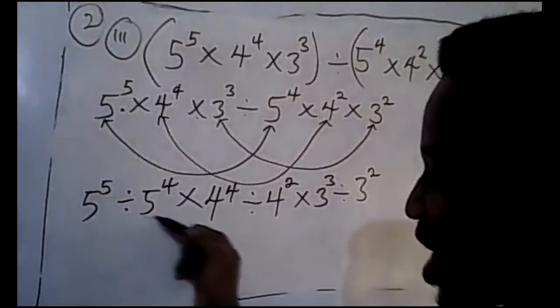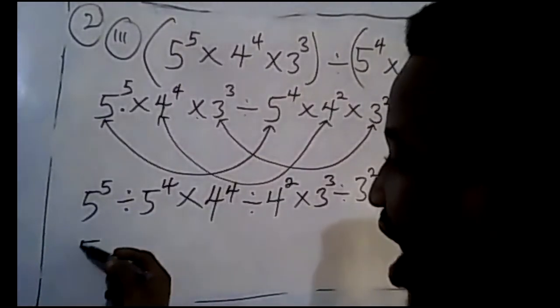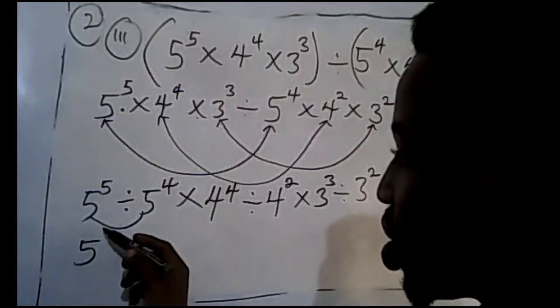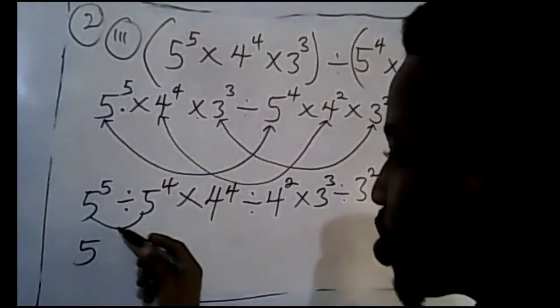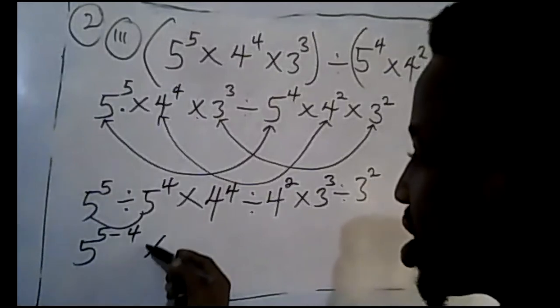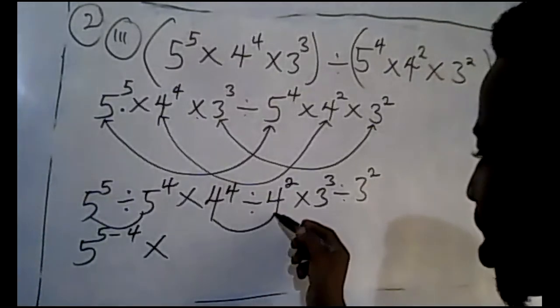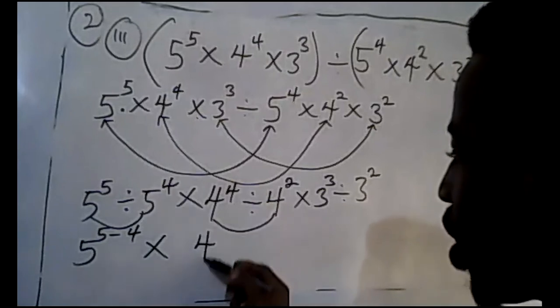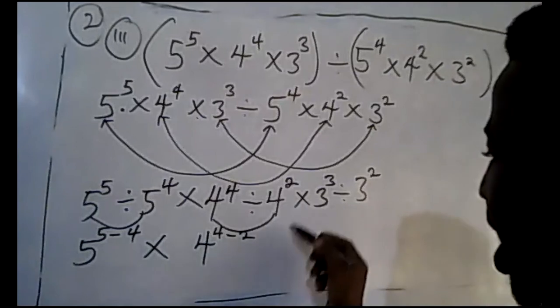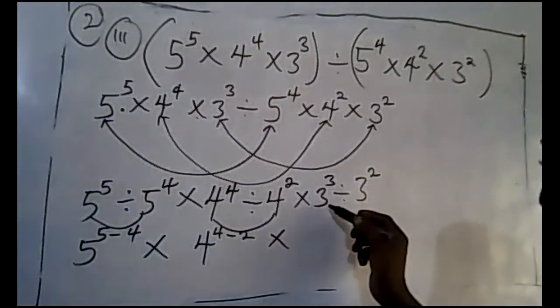So we're going to subtract the powers of this one. So you say 5, you're picking 1 because they are the same base. So you subtract the powers: 5 minus 4 times the same base. So pick 1, 4, and subtract the power: 4 minus 2 times the same base.